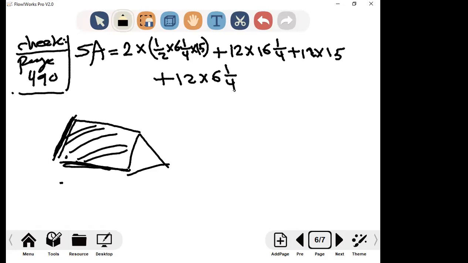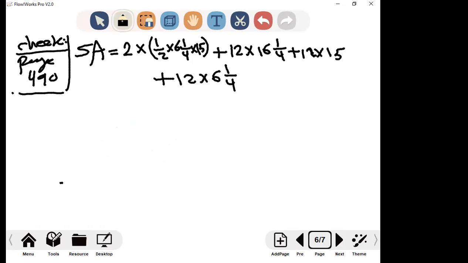The first one, I'll multiply and add. Okay, let's multiply and add. 15 multiplied by 6.25. It will be the first part.